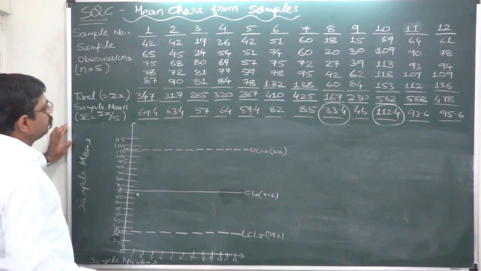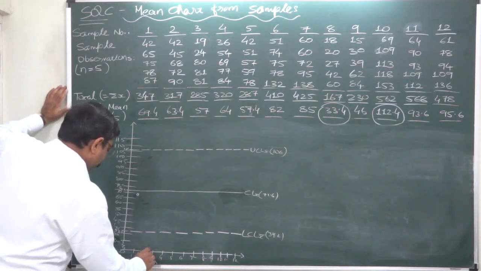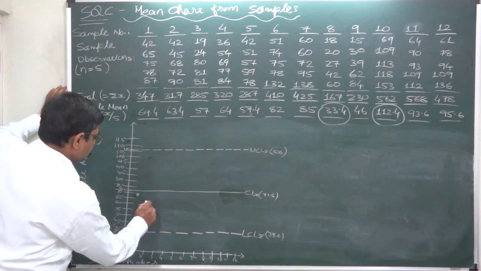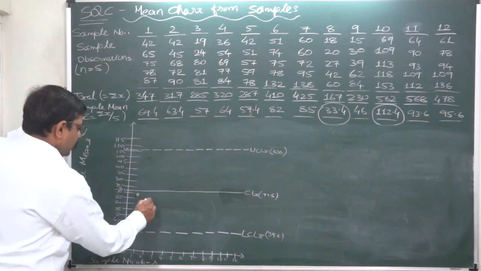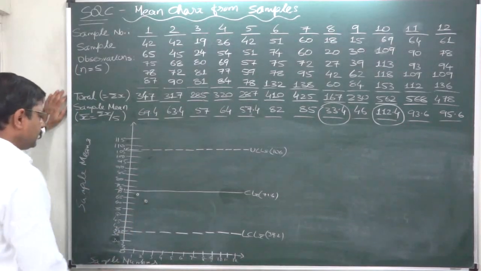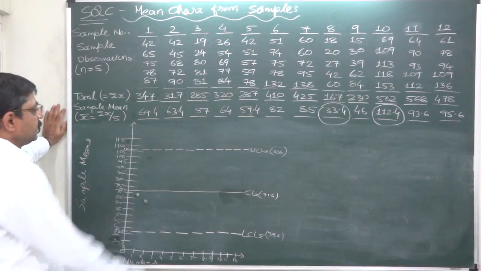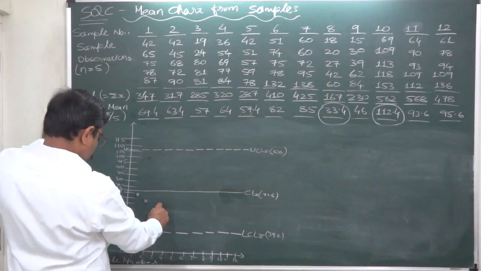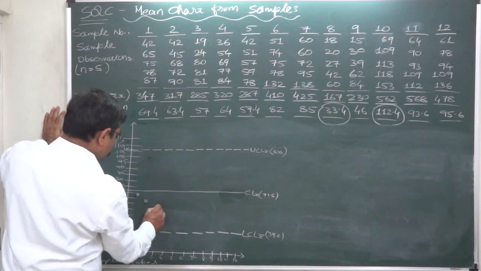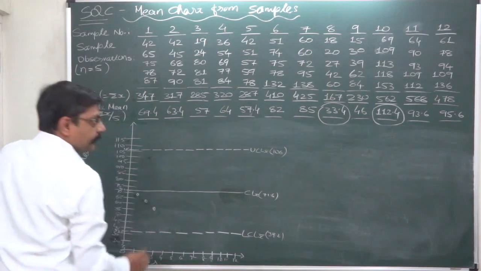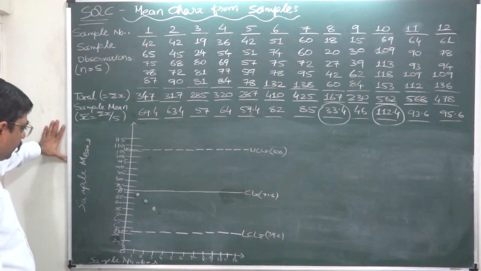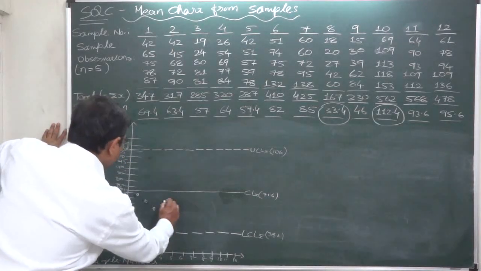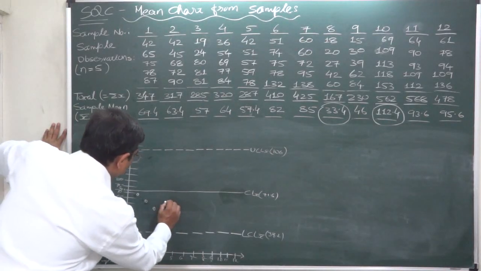Okay, sample number 2, the sample mean is 63.4. 63.4 somewhere here between 60 and 65, after 3 decimal above the value 60. Third is 57, 2 millimeters above 55. Then sample number 4, 64. 64 means 1 millimeter below 65.